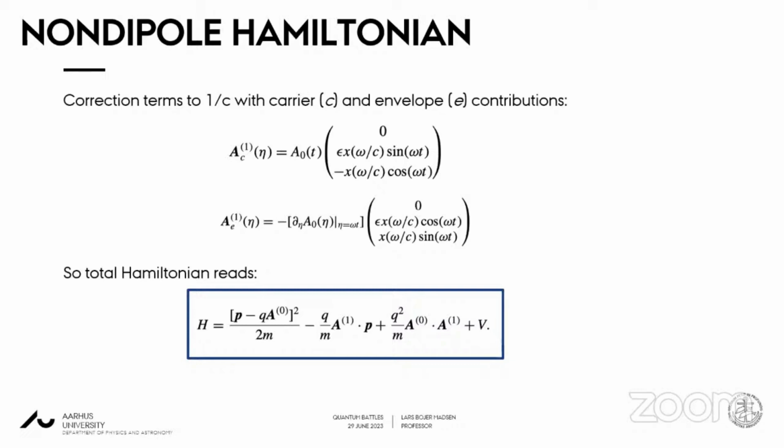One couples to the momentum and one just couples to A0. And if you like physical interpretation, you want to remember that this A0 is just the laser-induced momentum kick to the electron, because it's the integral of the E field. So this is a little bit like that one, but we know that this is a dipole-induced velocity.